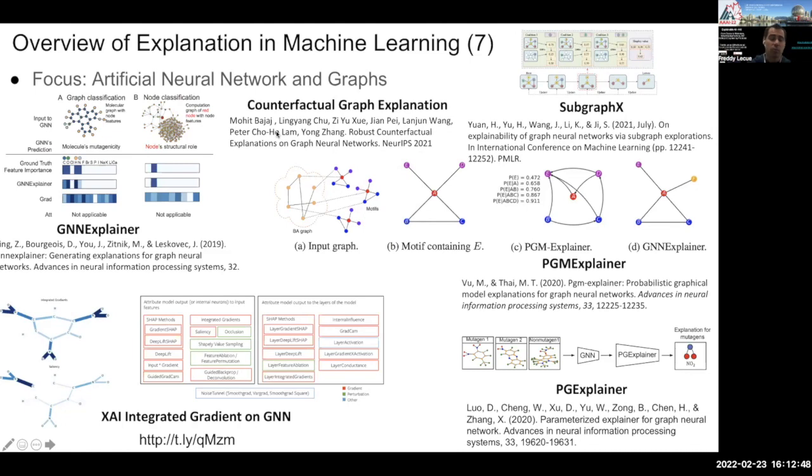It just shows that you can easily do it on graphs. Recently there are also other techniques, like SubgraphX, that try to extract subgraphs. So I think it's an interesting field. A lot of data could be captured as graphs, and explanations could be extracted. That's the state-of-the-art techniques relevant here in the field.